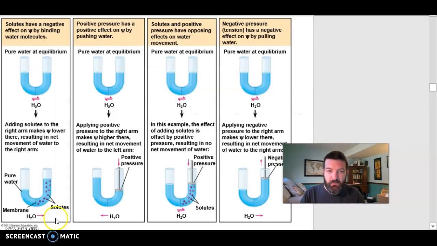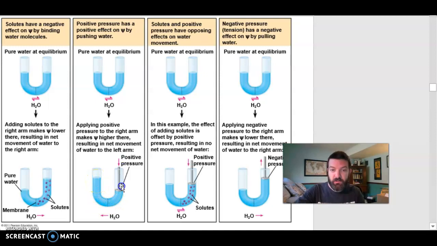And here you can see if you add solutes to some water, and we have a semi-permeable membrane here that's permeable to water but not solutes, it reduces the water potential there. And again, water flows towards low water potential, so that causes water to flow in here. Now, positive pressure increases the water potential and causes this water to be pushed in the opposite direction.